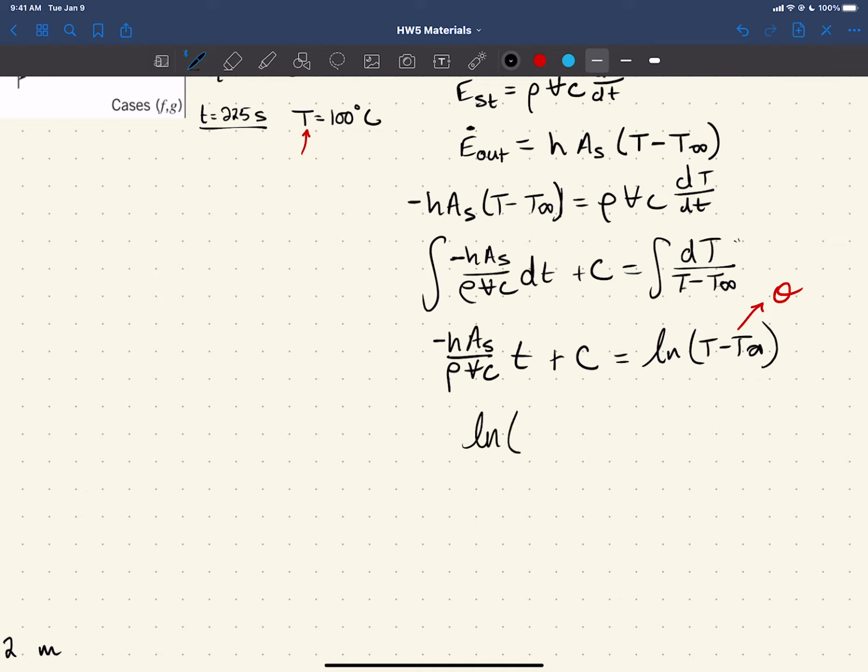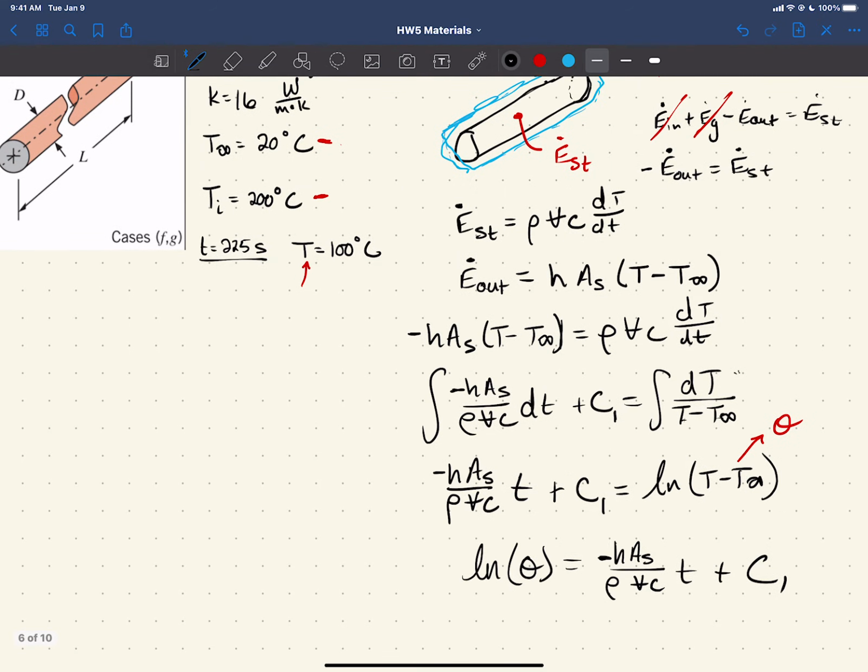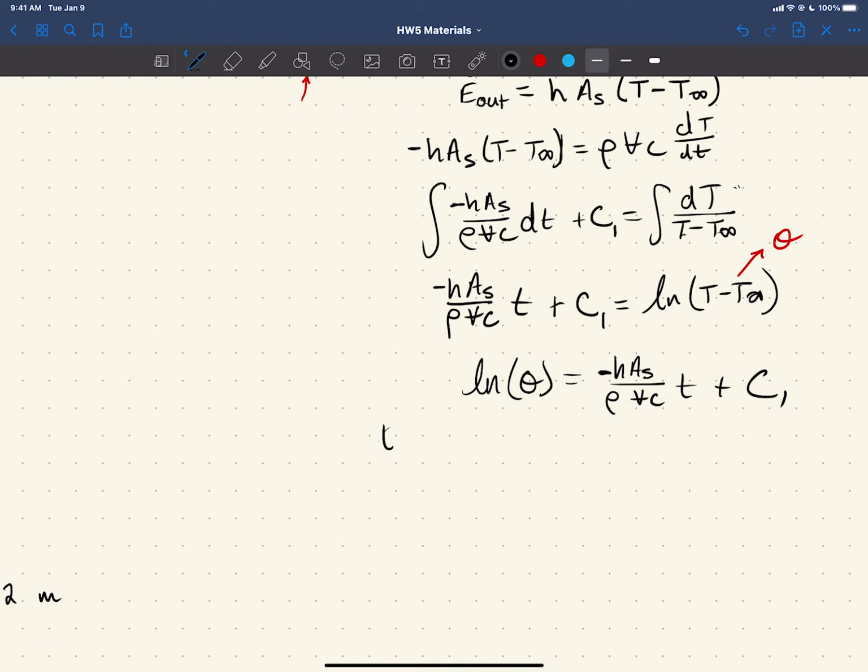So what we end up with is that the log of theta is equal to minus hA sub s over rho V c times t plus C1, I guess we'll say. So it's more apparent what it is. That's a constant we need to find. But we have the initial temperature. So at t equal to 0, T is equal to 200.